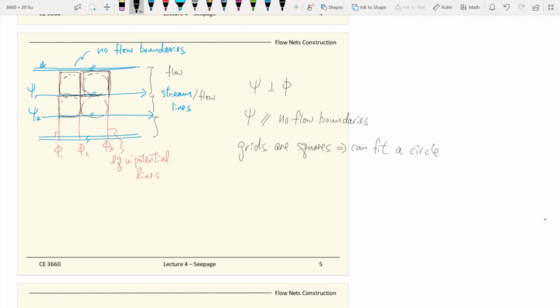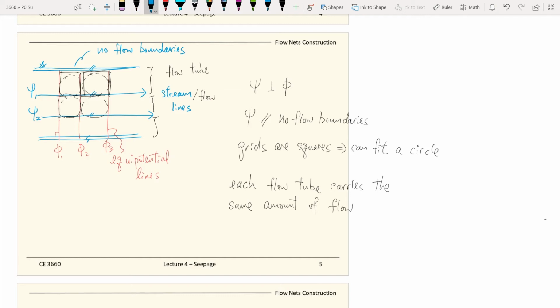And for the way it works, each flow tube carries the same amount of flow.